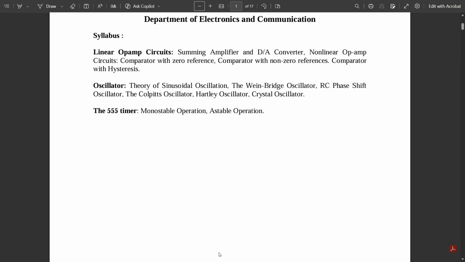Now, in this module, this is the syllabus for you guys, which is provided by VTU for module 3. So here in the first part, we are going to be discussing linear op amp circuits. Op amp stands for operational amplifier. This is the short word used for operational amplifier circuits, that is op amp.